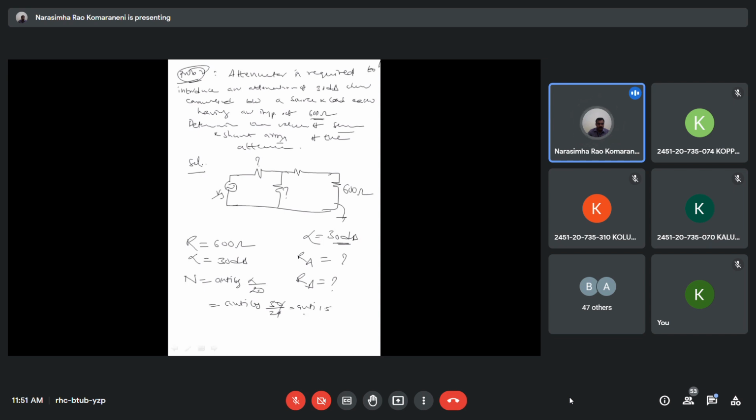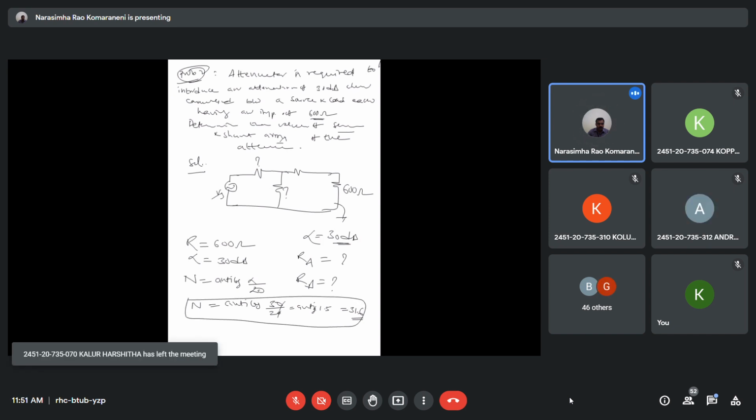Anti-log 1.5 is nothing but 31.6. Those who have a calculator, find this value. So capital N we got as 31.6.